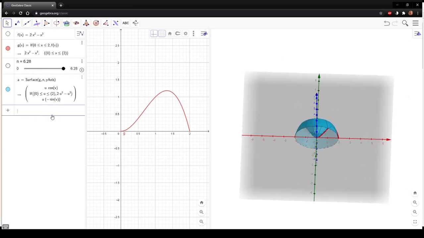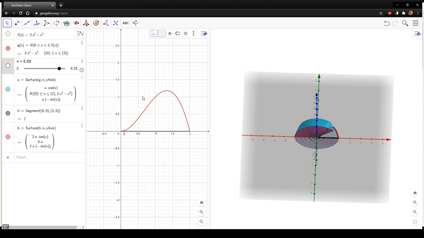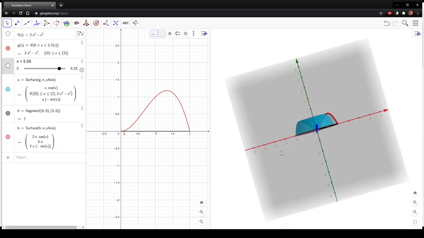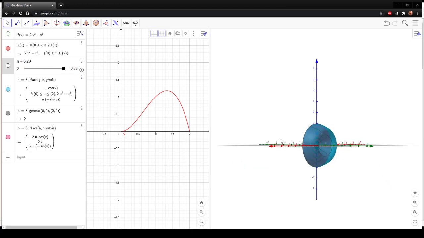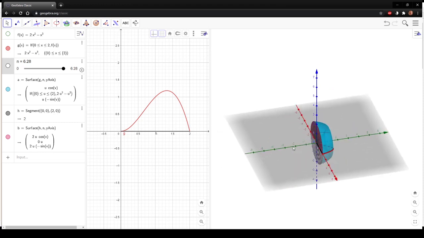And let's also put in a segment to make the bottom. So that's going to be a segment connecting the origin to 2, 0. There we go. So we get this sort of bundt cake looking shape.